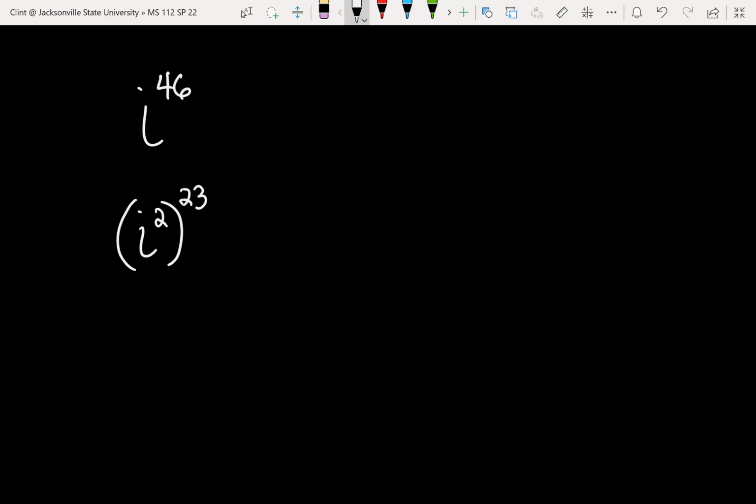If you do 46 divided by 2, you get 23. I know i squared is negative 1. And negative 1 to an odd power is negative 1. Not bad. Okay.